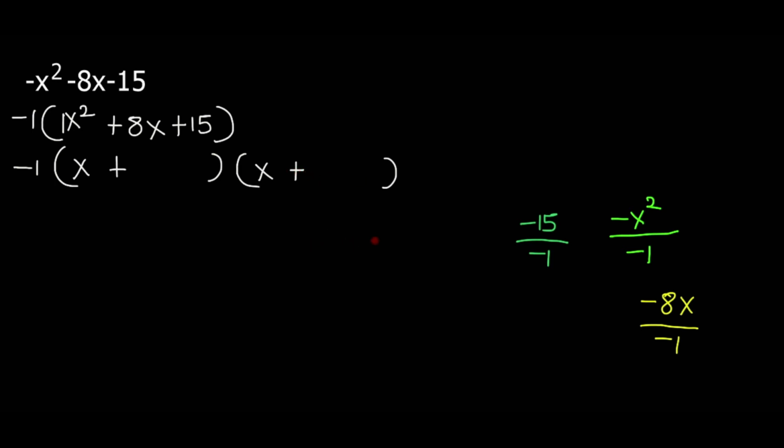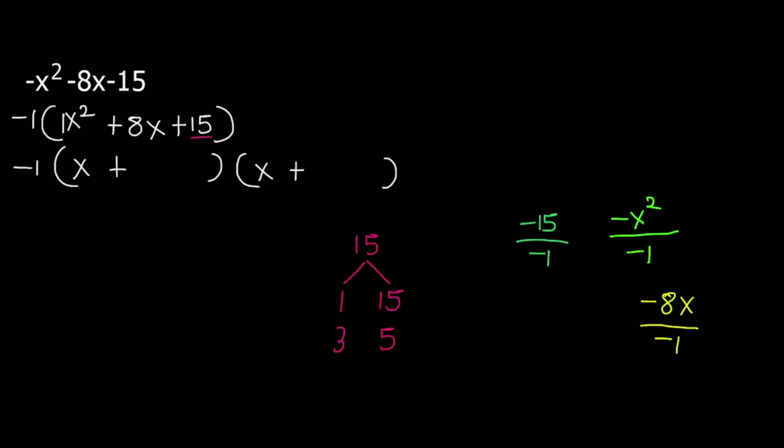And then now we look for the factor pairs of the constant. 15 divided by 1 is 15, and then 15 divided by 2 is not a factor of 15, so we look at the next one. 15 divided by 3 is 5. I think the factors of 15 are 1, 15, 3, 5.